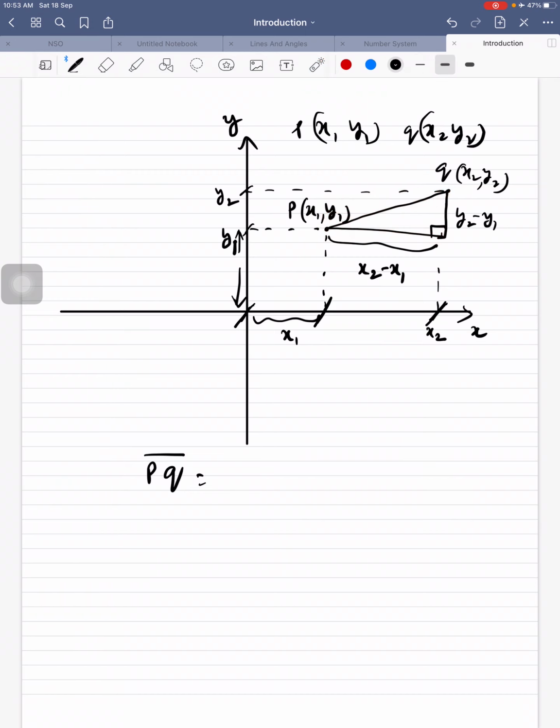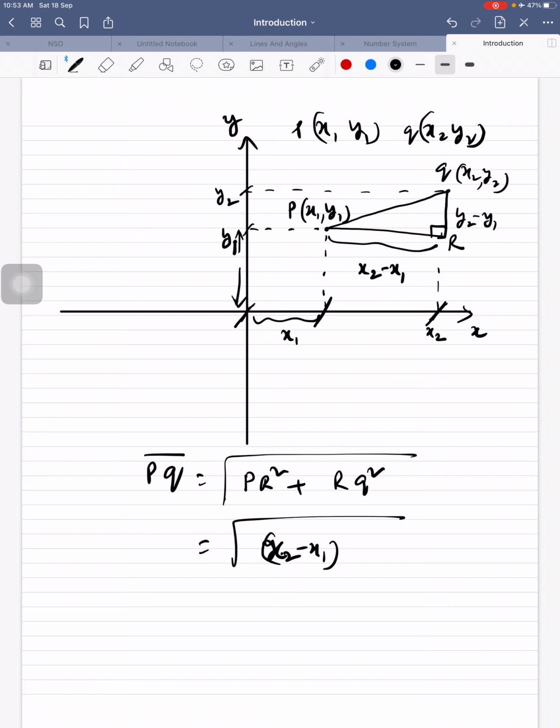See, what is PQ? It is the square root of, let this be R, PR square plus RQ square. This becomes x2 minus x1 whole square plus y2 minus y1 whole square.